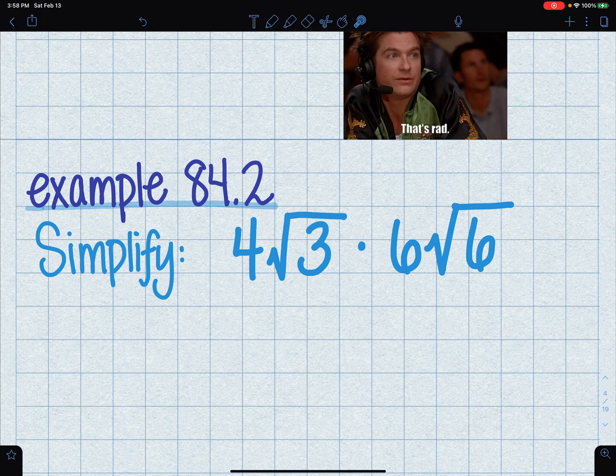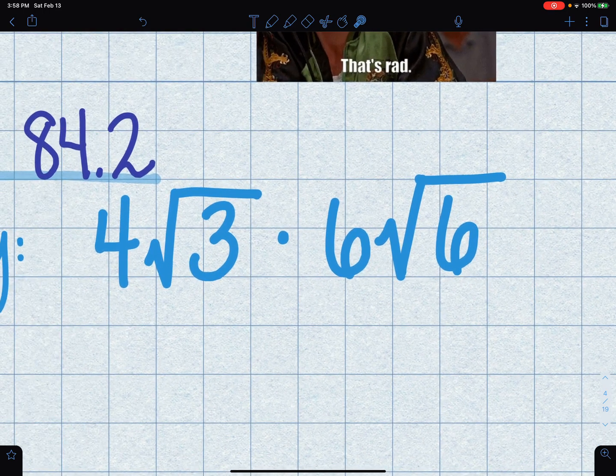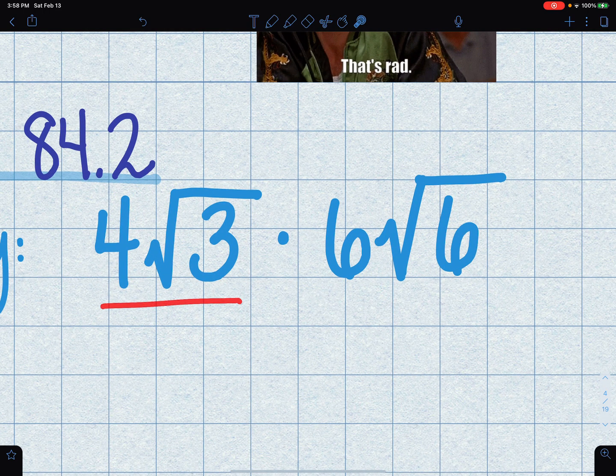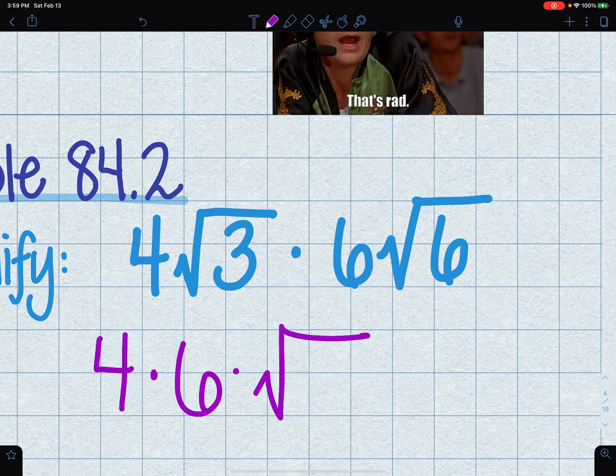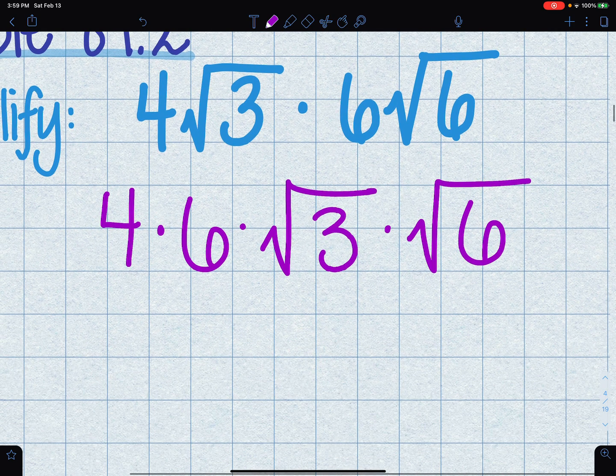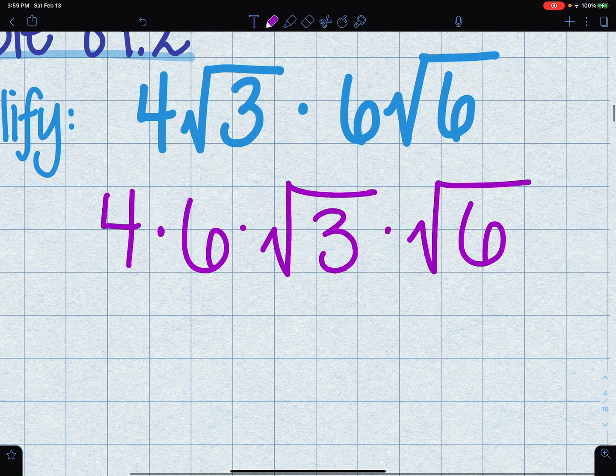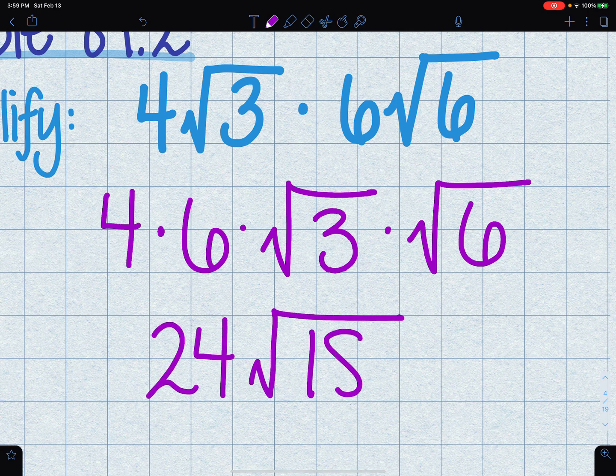That'll be funny. Okay, let's do example 84.2. They want us to simplify 4 square root 3 times 6 square root 6. Again, they rearranged it. If you can skip this in your head, you can probably skip it. So 4 times 6 is just going to be 24 times the square root of 18.